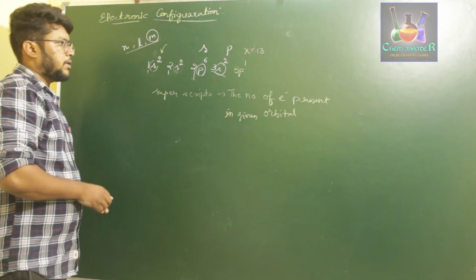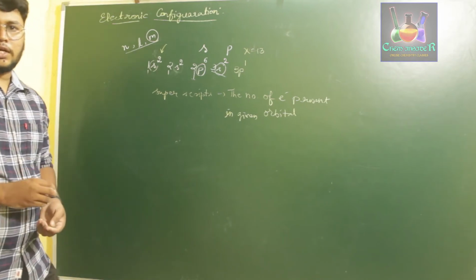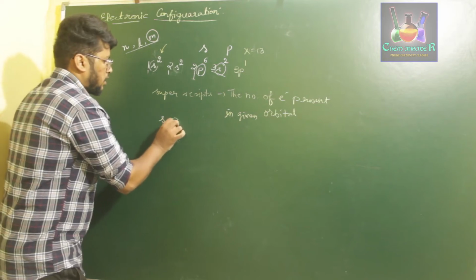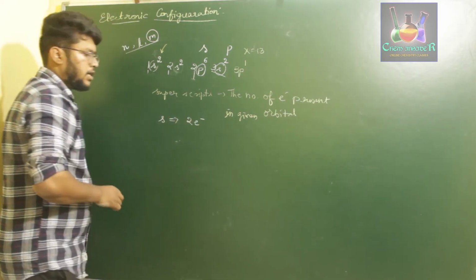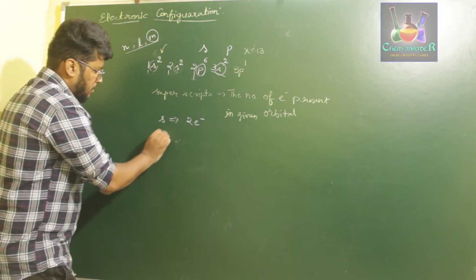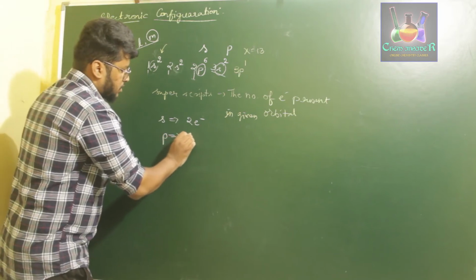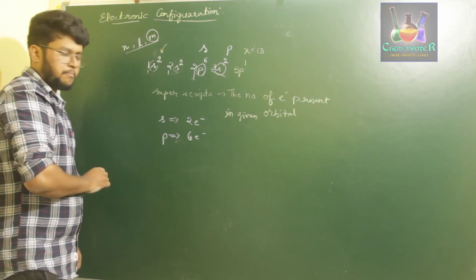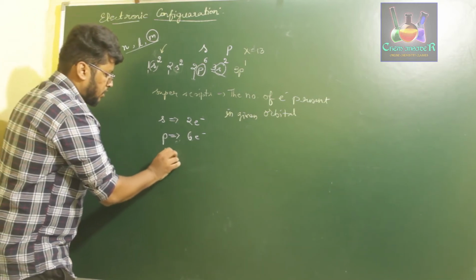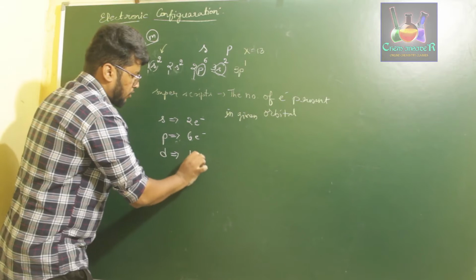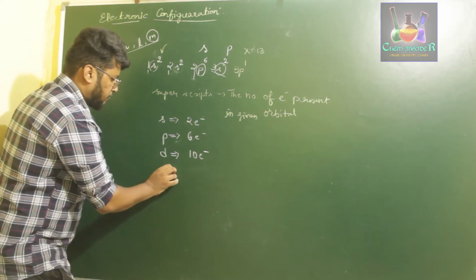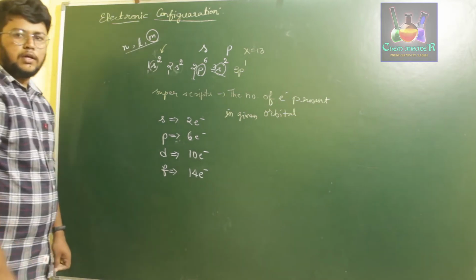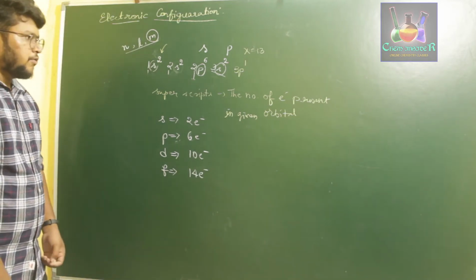The superscripts written on the subshells denote the number of electrons present in them. Each subshell has a limit on the number of electrons it can carry: s can carry just 2 electrons, p can carry a maximum of 6 electrons, d can carry a maximum of 10 electrons, and f can carry a maximum of 14 electrons.